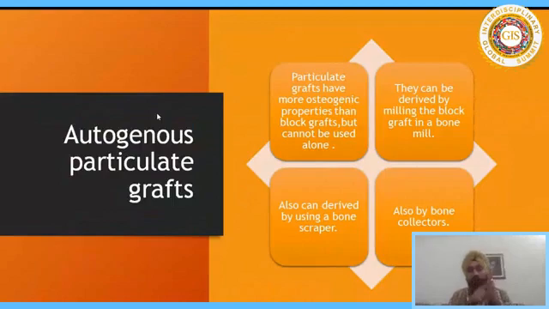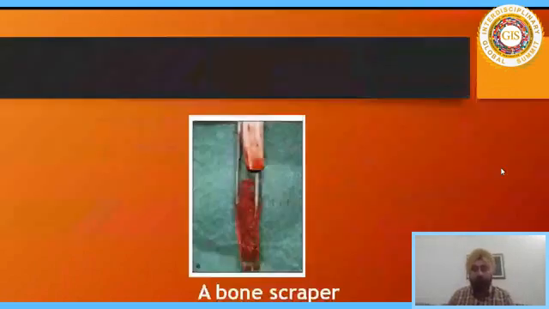You get a lot of autogenous bone, so much that you can fill the space between the native bone and the bone block, and still have a lot of bone left. This is a bone scraper, a safe scraper.